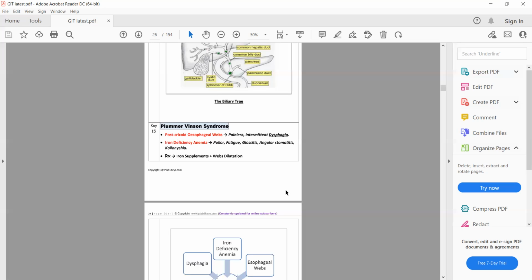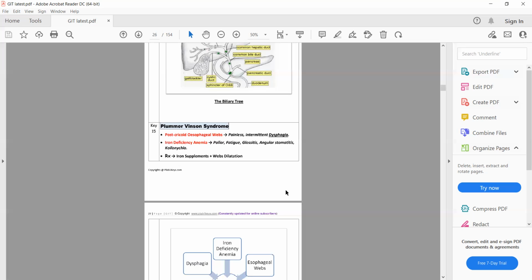In Plummer-Vinson syndrome, in the esophagus, there is a web of mucosa which causes dysphagia. So the triad is dysphagia, iron deficiency anemia, and esophageal web.